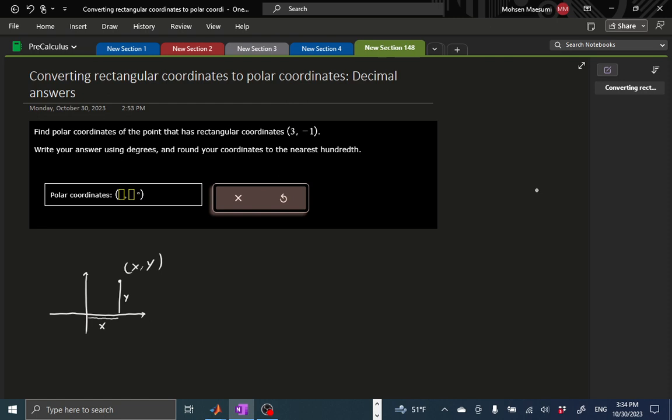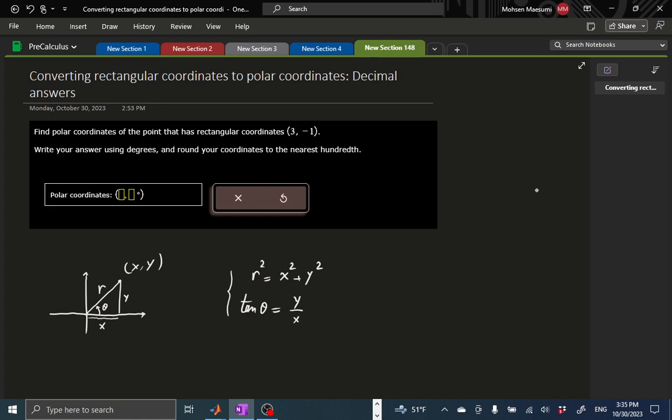The polar coordinates are this hypotenuse, which is now called the radius r, and this angle theta. So you remember r squared is x squared plus y squared. That's just a Pythagorean formula, and tangent of theta is y over x. So these are the relationships that connect these two coordinate systems to each other.